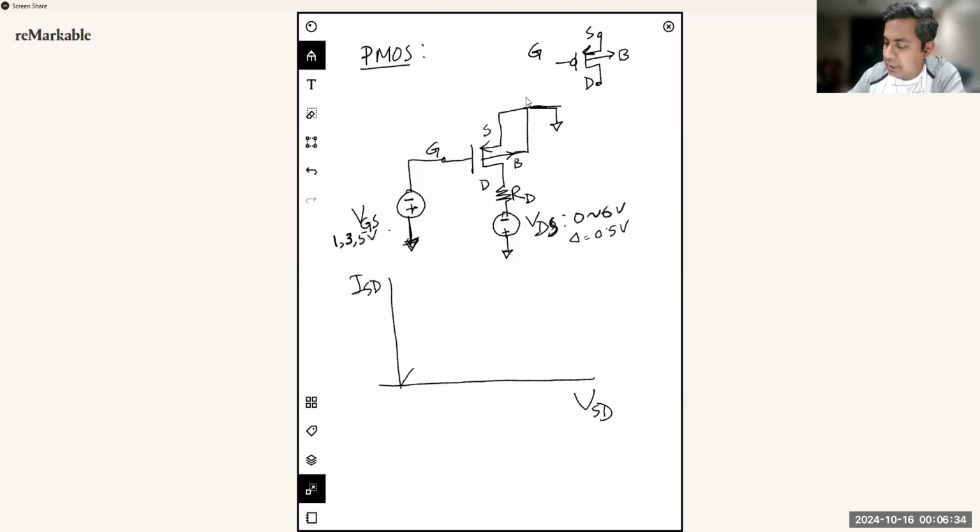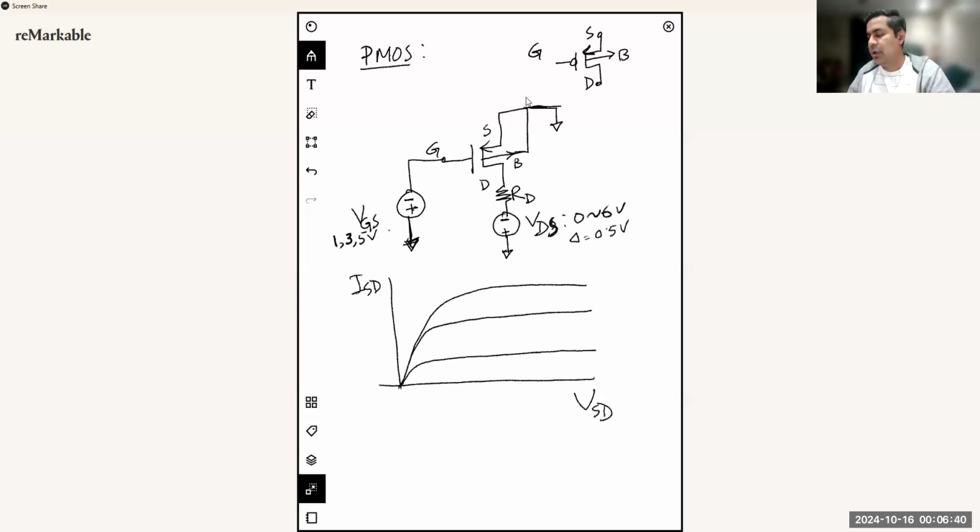And then you will see the same shape of the ID curve in your PMOS. You can choose to do IDS, VDS, then your current curve will go into the third quadrant because it will be a negative current with a negative bias voltage.